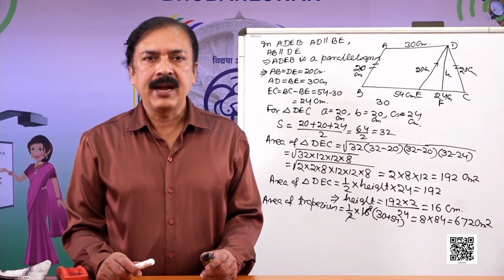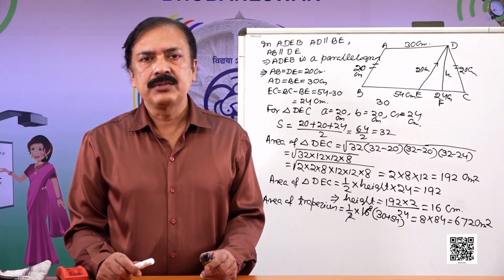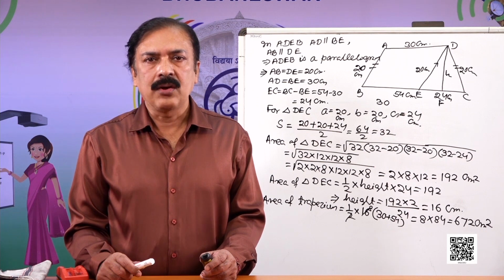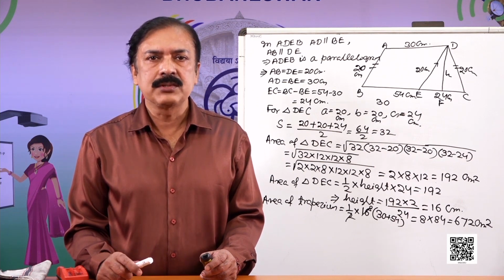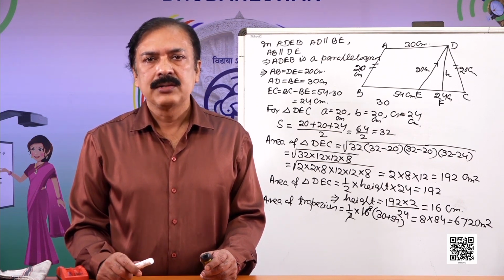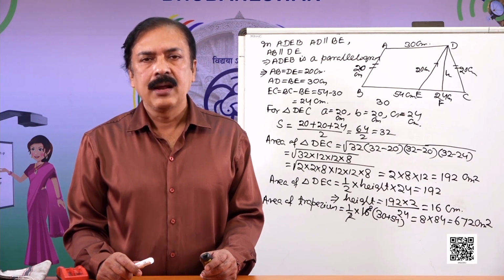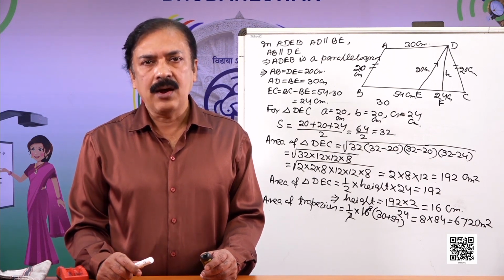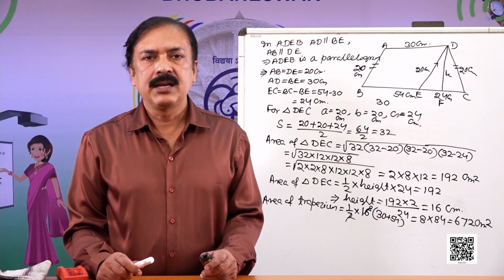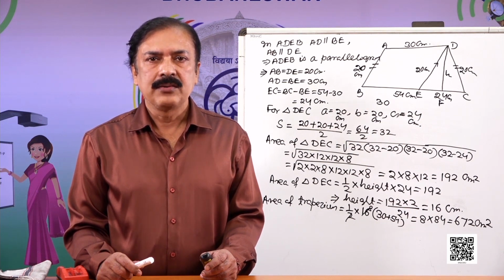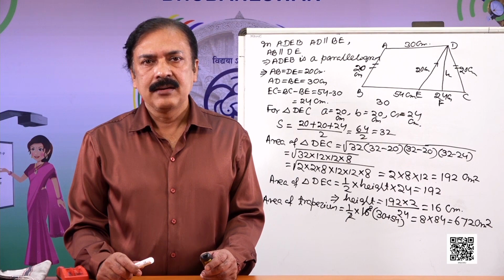To get the height of the trapezium, we used Heron's formula, and also to solve some more problems, we used Heron's formula. So the Heron formula is to find the area of the triangle when 3 sides are given. Today we close here. Thank you.